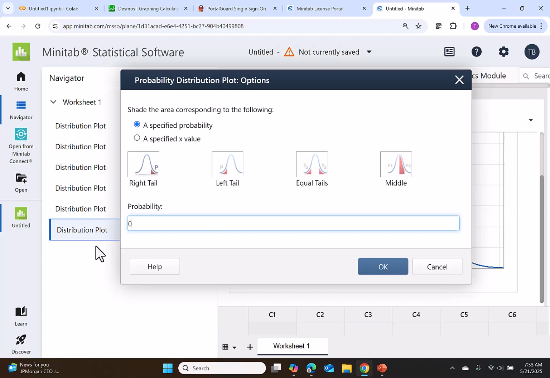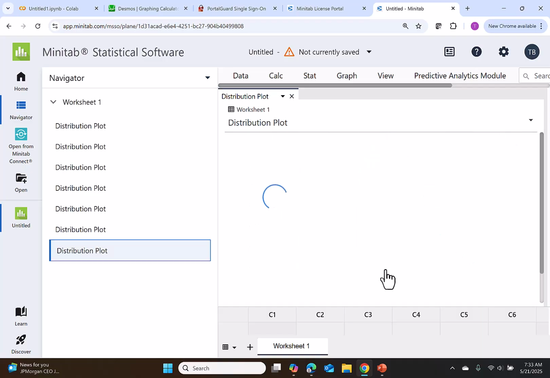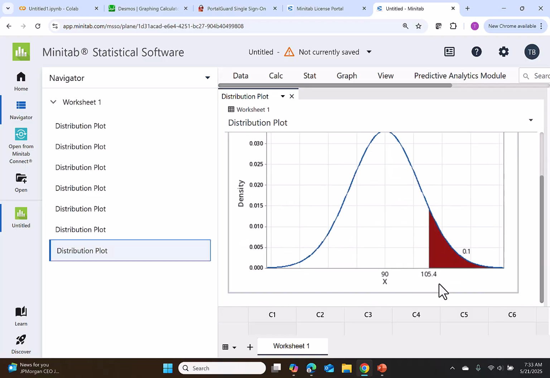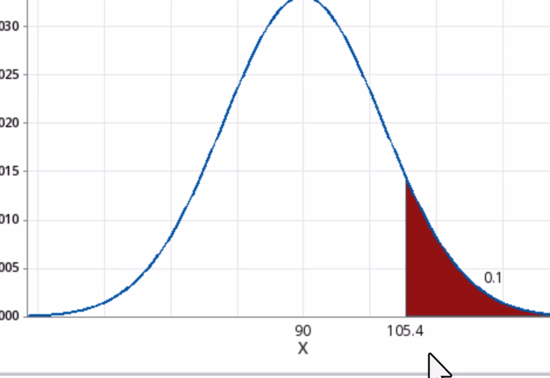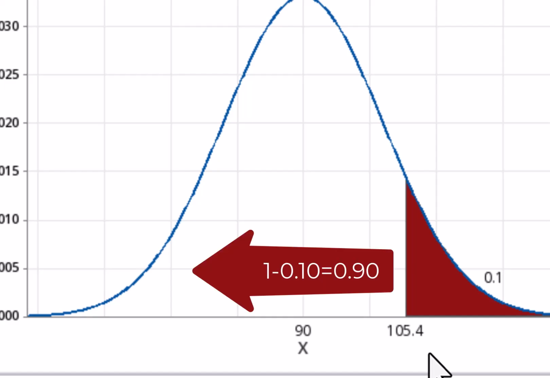That right tail had a probability of 0.10, and this gives us a weight of 105.4. When we look at the top 10%, 10% is on the right, 90% is on the left. This 105.4 corresponds to the 90th percentile of the weights for adult female goats on this particular farm.